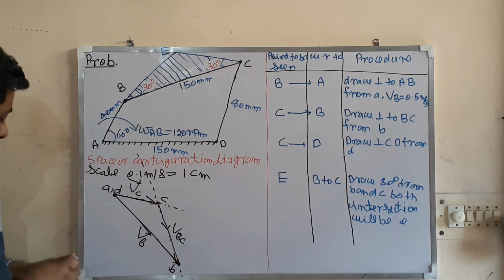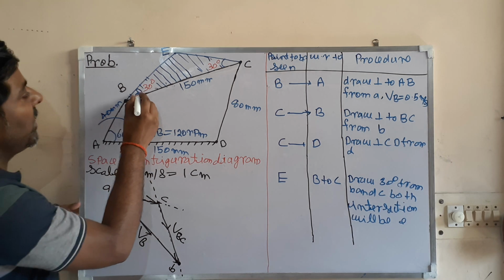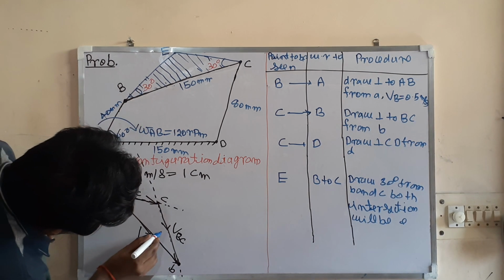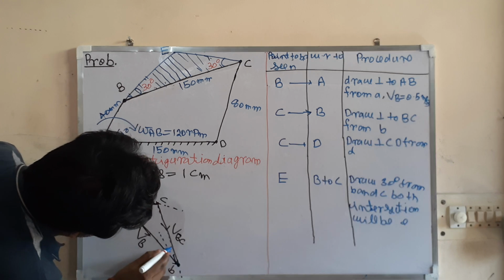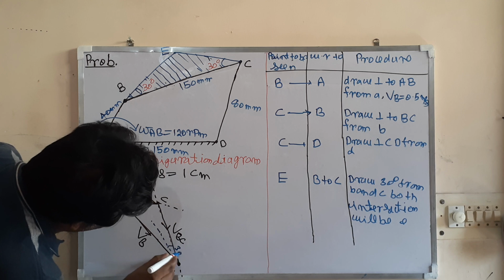Now what you have to do, from B this angle is 30 degrees, so from B you make an angle of 30 degrees.